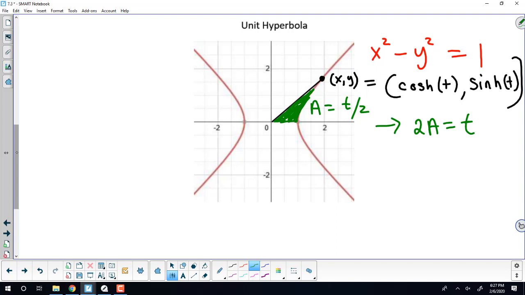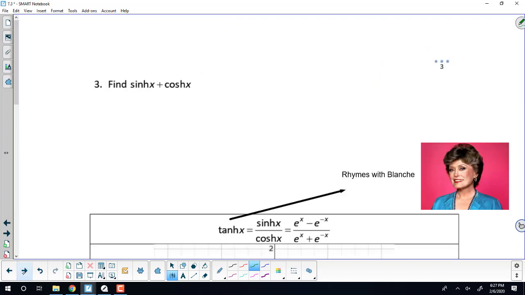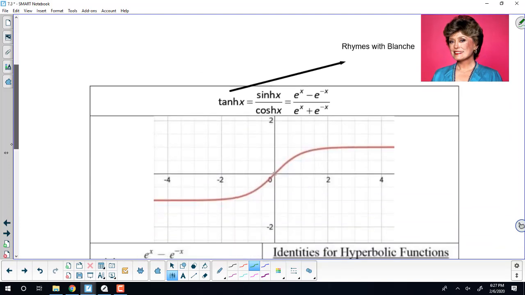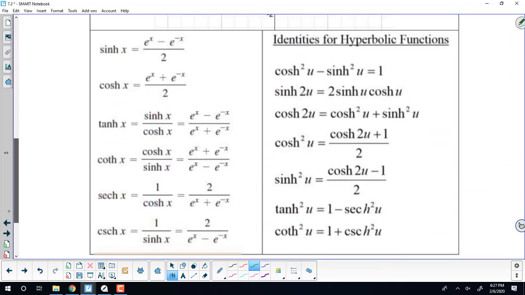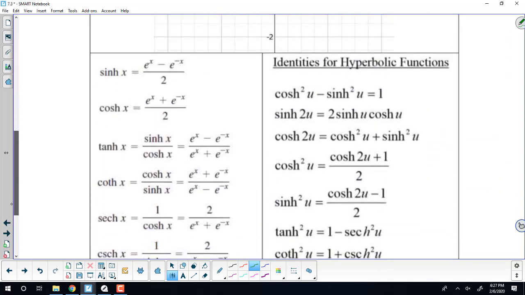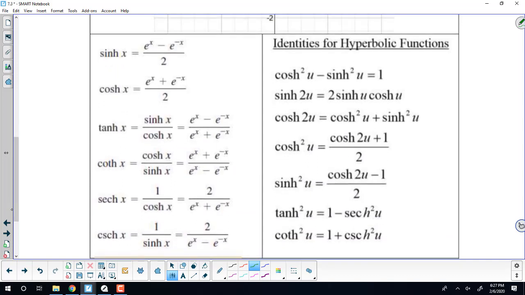So some of the identities have changed because the equation governing a hyperbola has changed from plus to minus. Here are a few of those identities. The fundamental one is this one here, coming directly from the equation of the hyperbola.